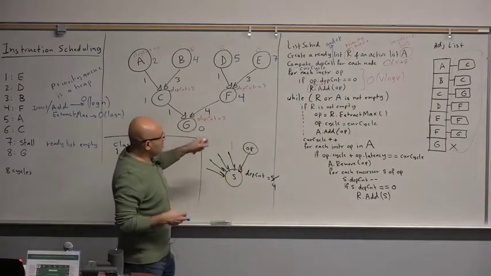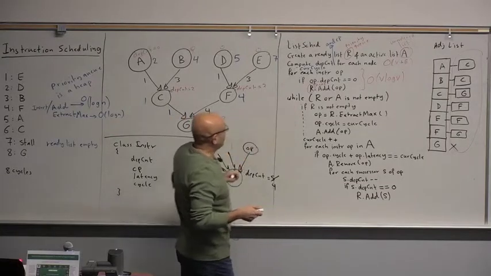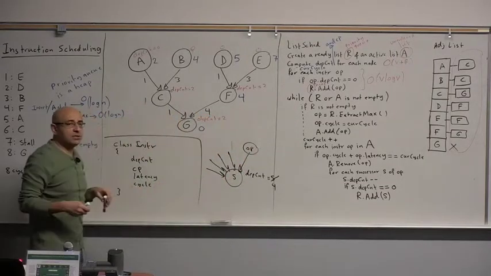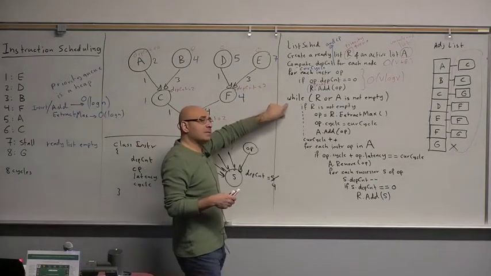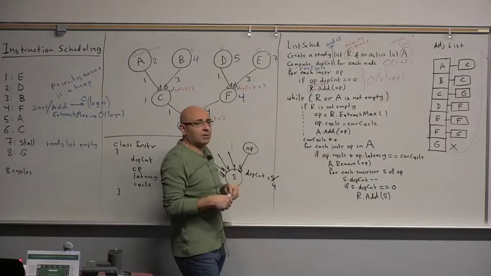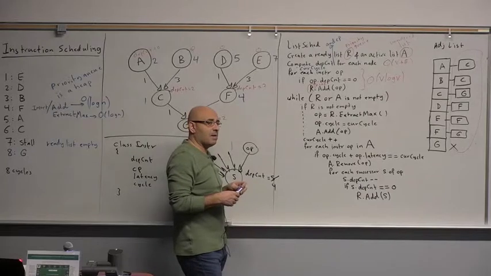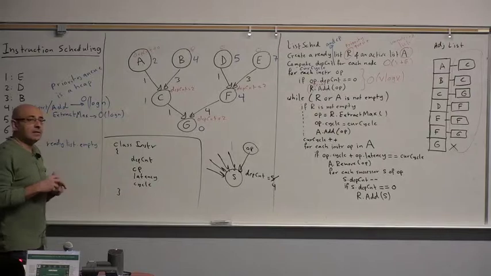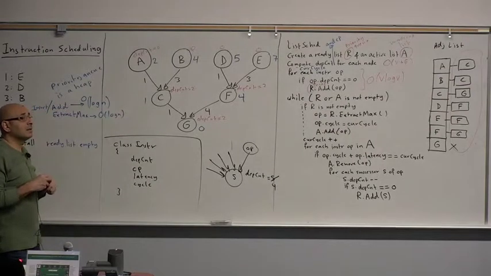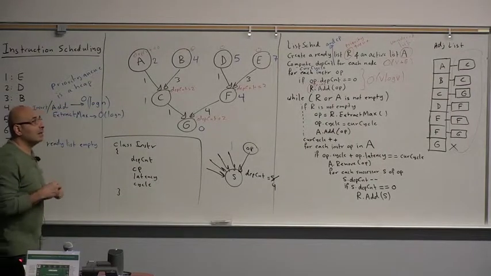Now, the number of times this loop itself is executed will be what? It's V times. It could be more.